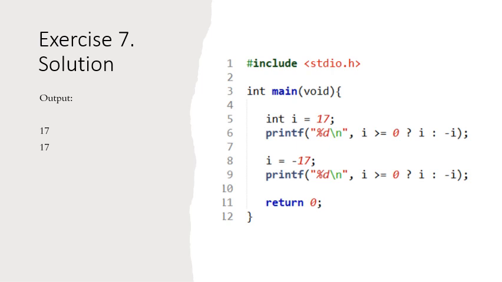So it will print 17. Now, what if i is negative 17? Since negative 17 is less than 0, it will evaluate negative i. The negative of negative 17 is 17. That's why it also prints 17.